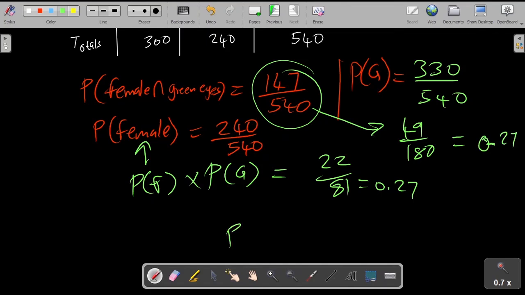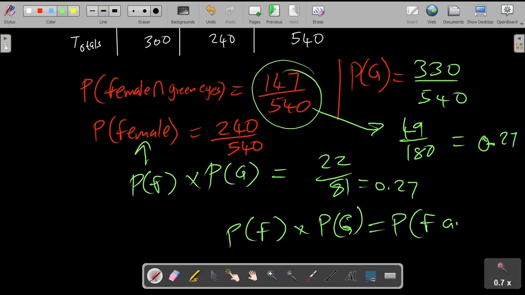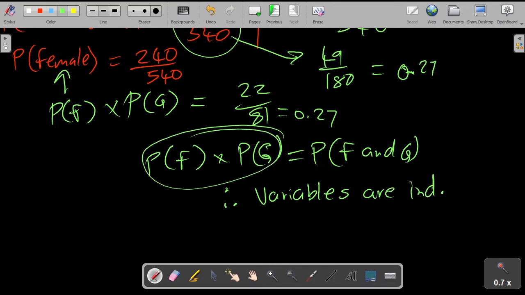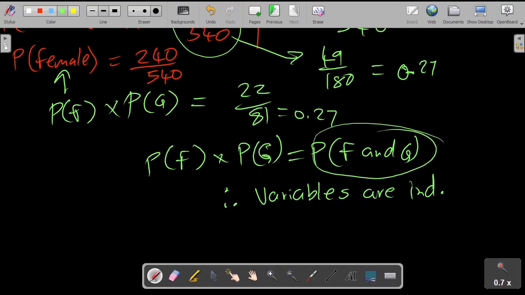So multiplying each variable's probability and the intersection of the two variables, we found that that is basically equal, right? And therefore we can conclude that the variables are indeed independent, because multiplying the probabilities and the intersection of the two variables actually leads to the same thing.